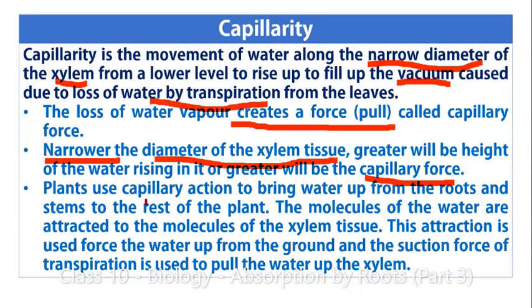So plants use this capillary action to bring up the water from the roots to the uppermost part of the plants. These water molecules generally attract each other. There is force of cohesion, force of adhesion. All these come into play, and that creates a suction force. That is how water rises up through the xylem.